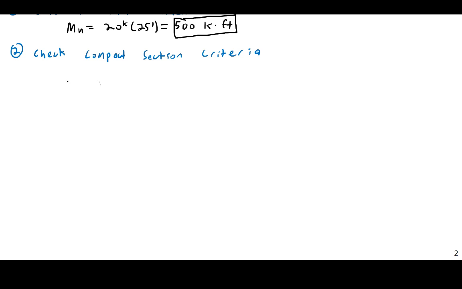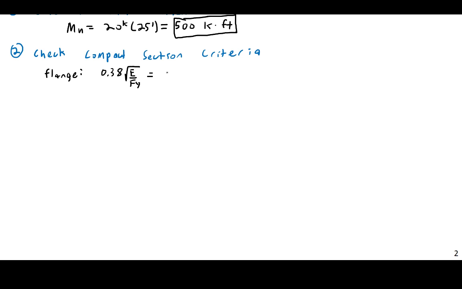Let's look at the flange first. I can go to Table B4.1b, and as we've seen before in class, the limit for compact flanges in strong axis flexure is 0.38 times the square root of E over Fy.